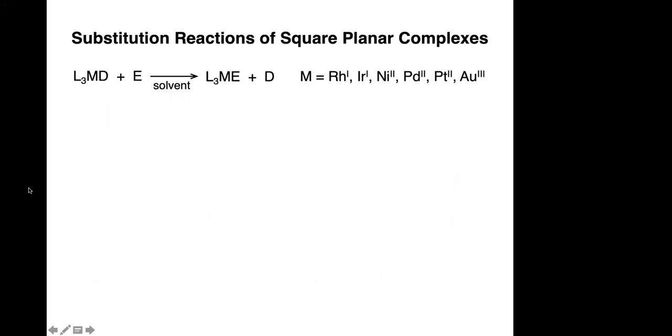So let's consider now in more detail some specific square planar ligand substitution reactions. These reactions are typical for d8 transition metal complexes. So ligand substitution reactions for square planar complexes of metals like rhodium-1, iridium-1, nickel-2, palladium-2, platinum-2, and gold-3 very commonly show this type of behavior.